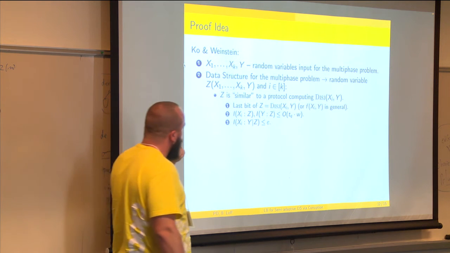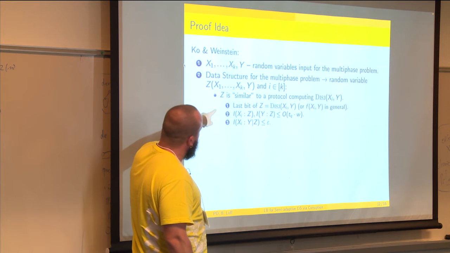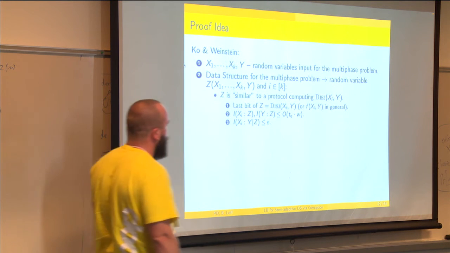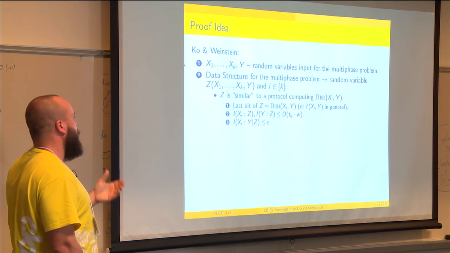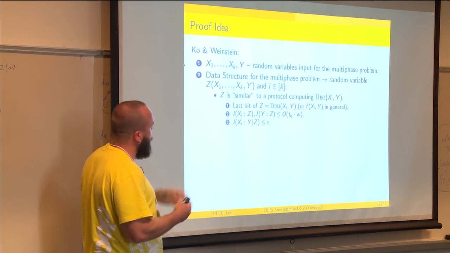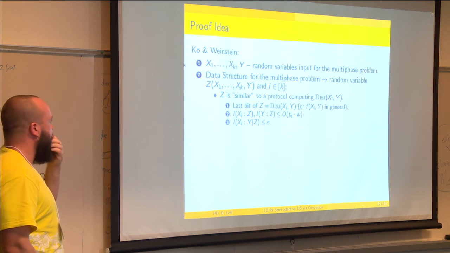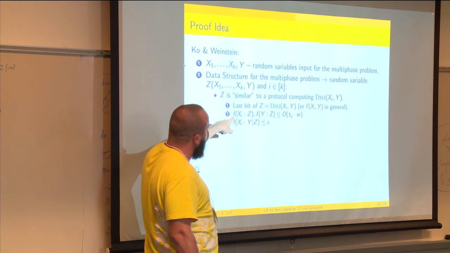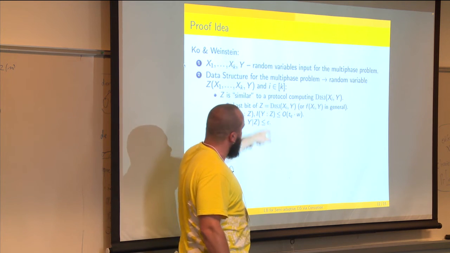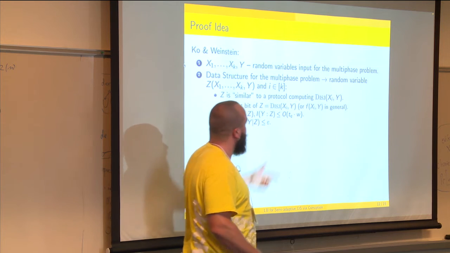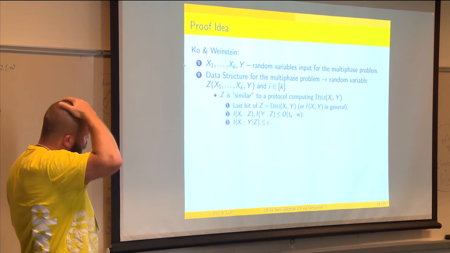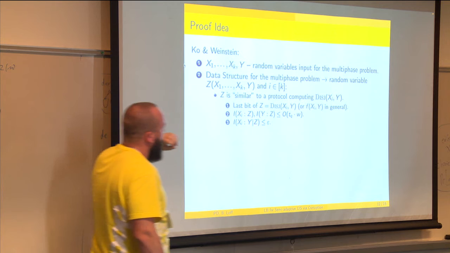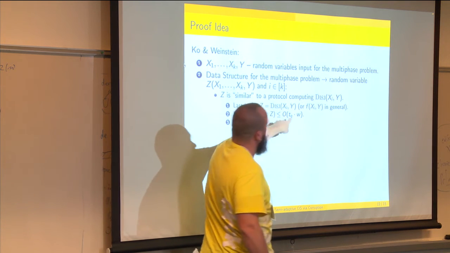The first property is that the last bit of z is the disjointness of x and y. So the last bit of z is the answer for our problem. And then they show that the information between x and z and between y and z is at most the query time. So this means that if z is a communication protocol, this holds as well, and this would be the length of the protocol.